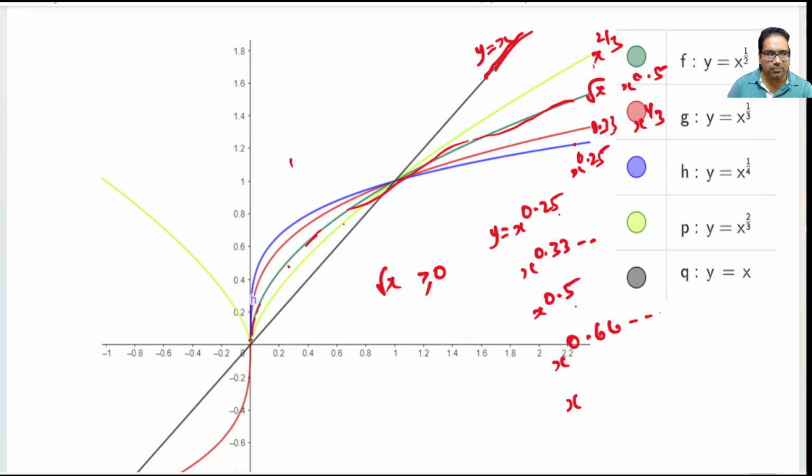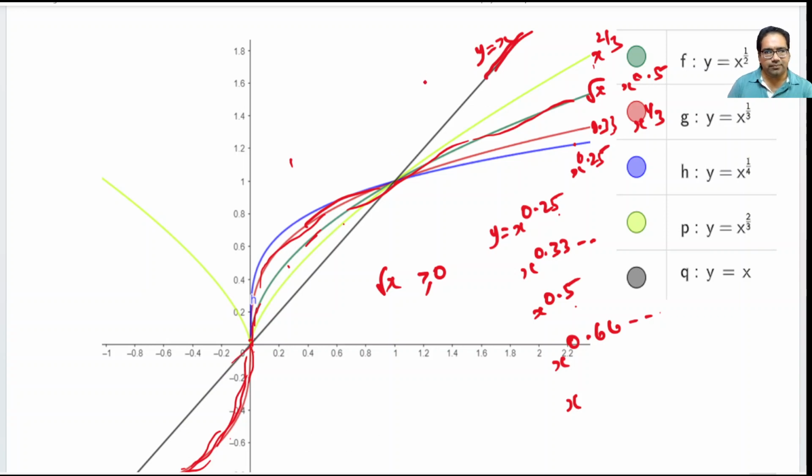This red one, x power 1 by 3, can become negative when x is less than 0. That is x power 1 by 3. And x power 2 by 3 is this light green graph. And y equal to x is this straight line. Y equal to root x is this one.